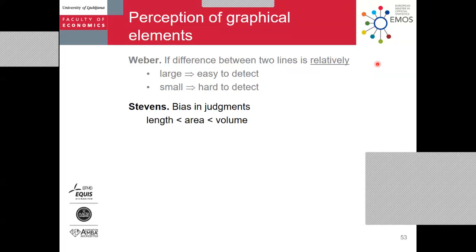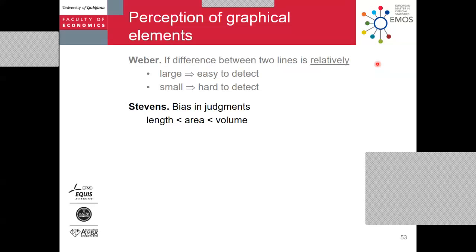Well, when you compare two areas, bias is already present because large areas tend to appear smaller than they actually are, and bias gets even worse when comparing volume. So comparisons of area and especially volume should be avoided whenever possible.